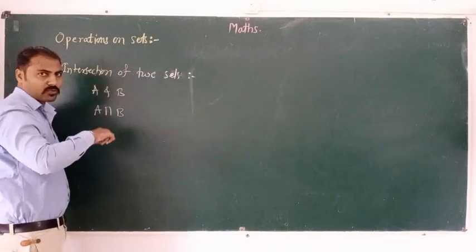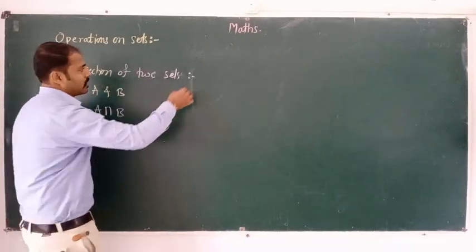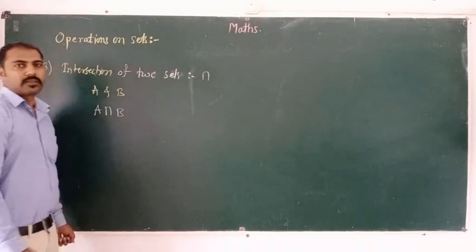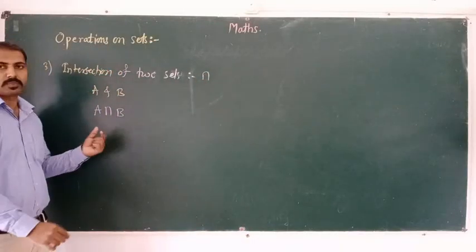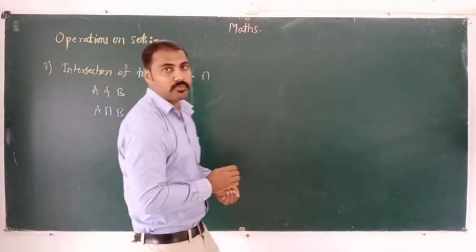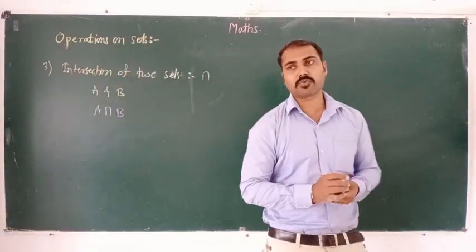For intersection we use the symbol like that, an inverted union symbol. So A intersection B is what?